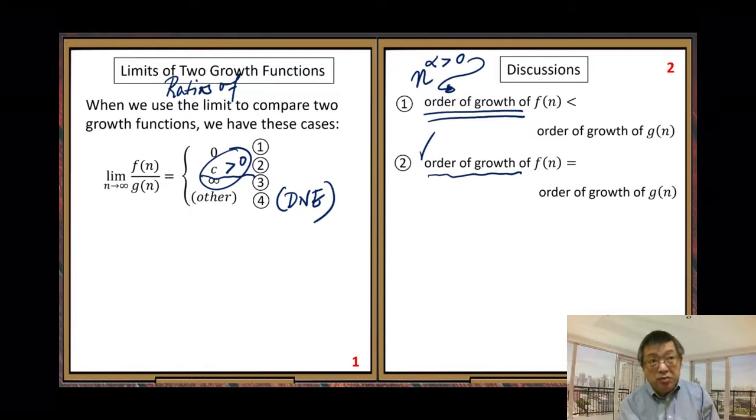Sometimes the C could be a very small number, 1 millionth or 1 billionth. In all those possible positive C values, they do not impact the order of growth. So think about that.